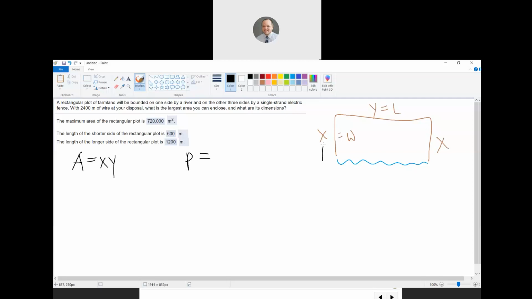So we just need these three sides. So x plus x is 2x plus the one length up there that's not bounded by the river. The other information we're given is the perimeter is 2,400 meters.